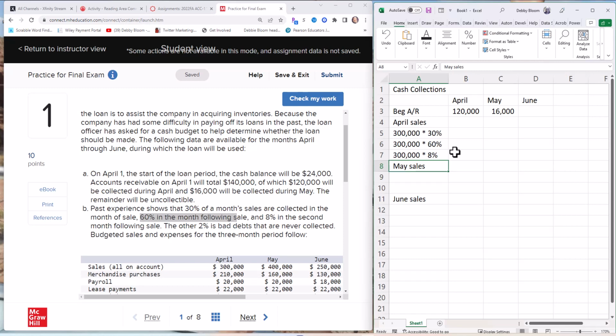So for April sales, the amount collected in April is $300,000 multiplied by 30%. The amount collected in May, $300,000 multiplied by 60%. And finally, the amount collected in June, $300,000 multiplied by 8%.